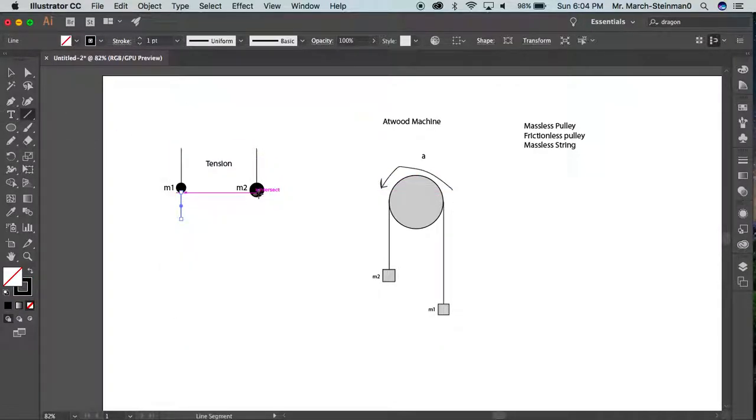Then we pull down on M2 a little more so that it's slightly larger than tension. If we have a net force downwards, that will be an indication that the object should be moving downwards, and likewise, if we have a net force upwards for M1, that'll be an indication that it will be moving upwards.